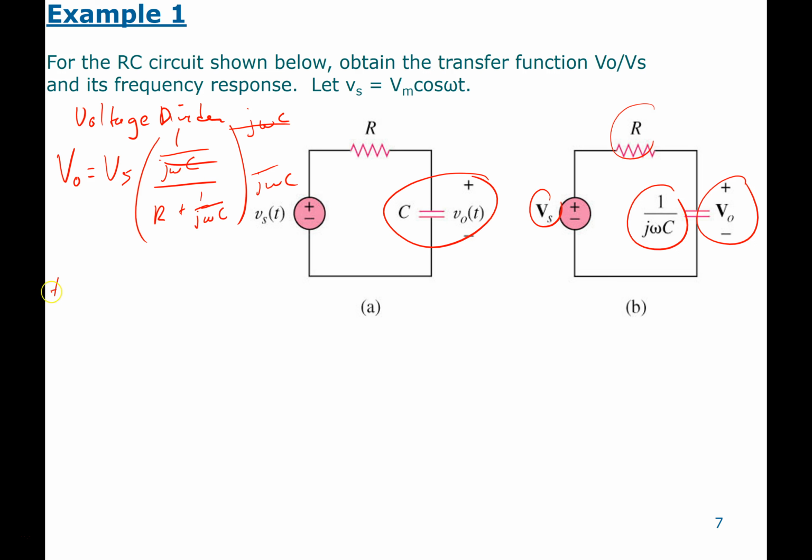So you get that our H of omega, our frequency response, our system function, is VO over VS. And that's going to be 1 over 1 plus j omega RC.